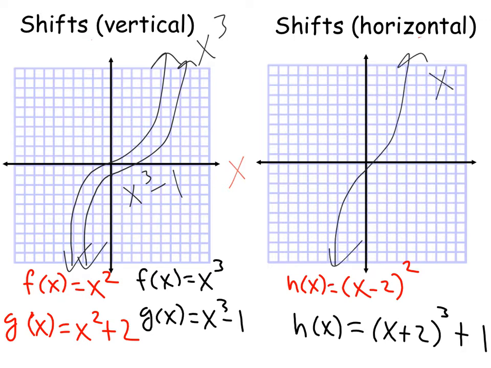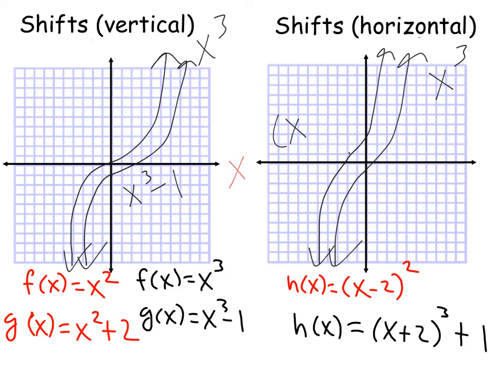There's x cubed. Could we do both shifts at once? The most common scenario that we see, actually, is that there's usually multiple transformations going on at the same time. This one is 2 units to the left and 1 unit up. And so now I know my cubic needs to go through that point.